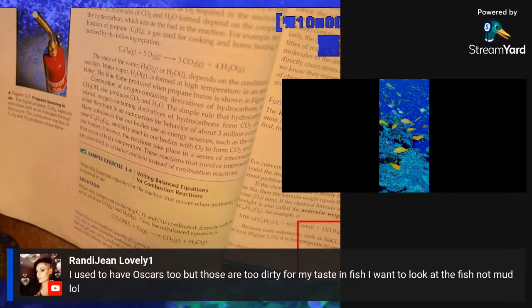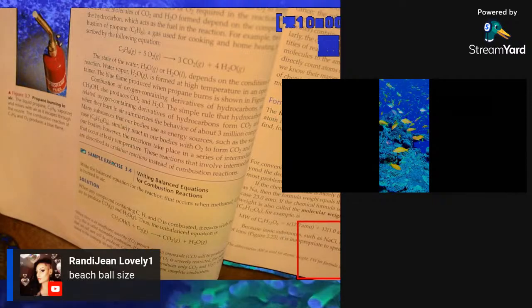I want to look at the fish, not mud. And honestly, if you only want something the size of a beach ball, you're just gonna need one light and one pump, and that's gonna be pretty affordable. Honestly, I could already see the tank running, and it's not gonna be that expensive for you.